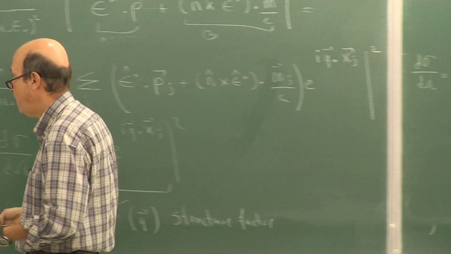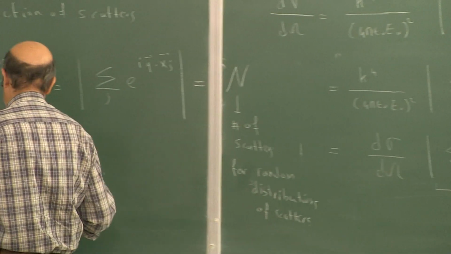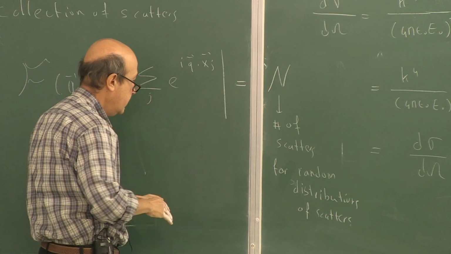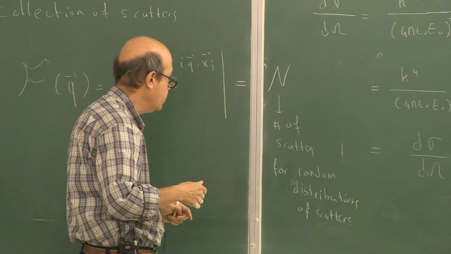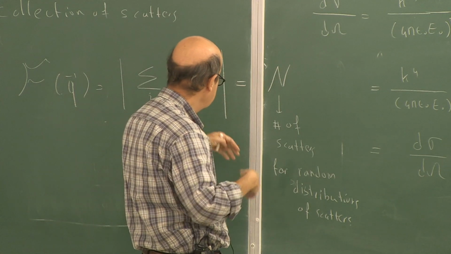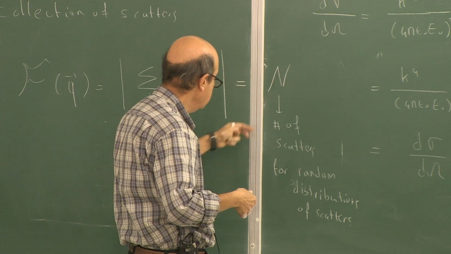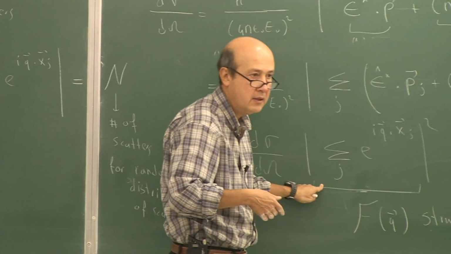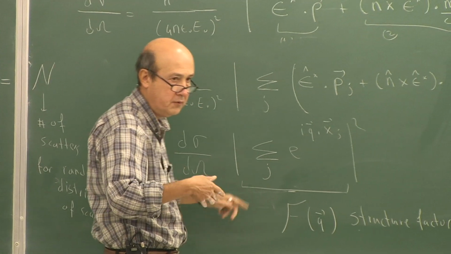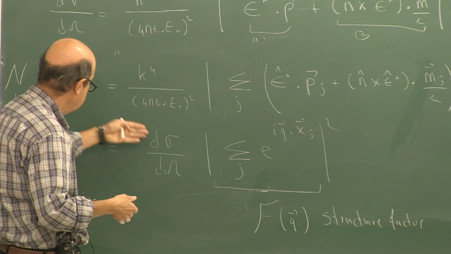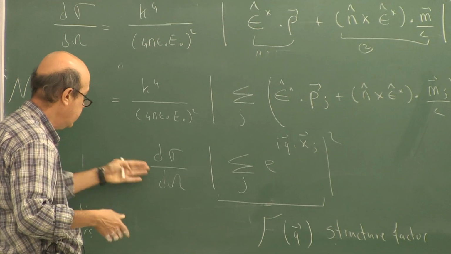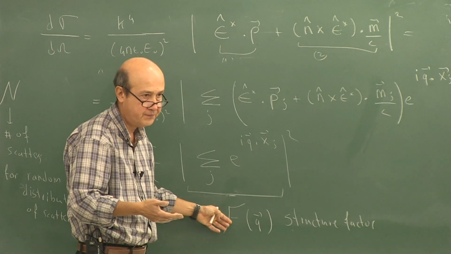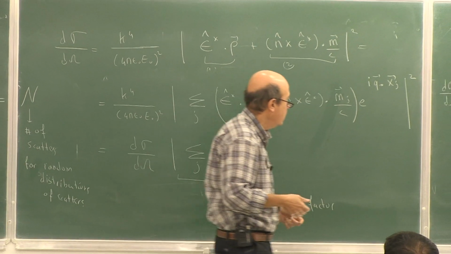So in our approach, which we are going to do next time, we will have random scatterers in the atmosphere, molecules in the atmosphere, and their contribution to the scattering will be only n, the number of scatterers. So if you have n, then the scattering cross-section per solid angle increases by the structure factor n.